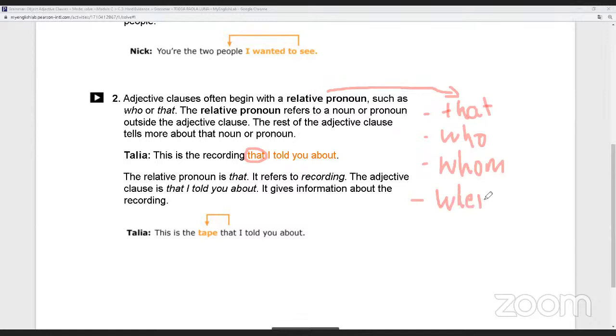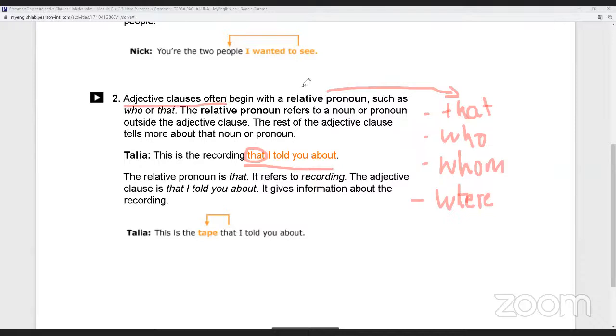Where, and then we have more, okay? Those are relative pronouns. It refers to a noun or a pronoun outside the adjective clause. The rest of the adjective clause tells more about a noun or a pronoun.